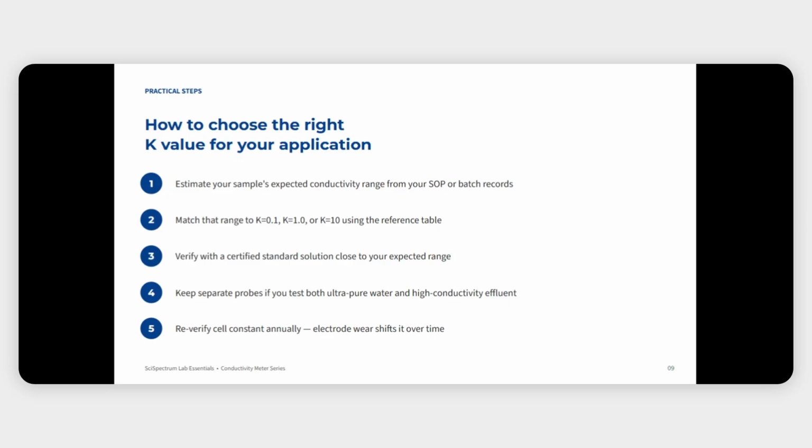Four, if your lab tests both ultra-pure water and high conductivity effluent, don't try to make one probe do both jobs. Keep dedicated probes. And five, re-verify your cell constant annually, because electrode wear and fouling can shift it slowly over time without you noticing.